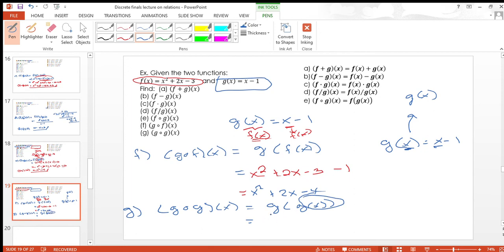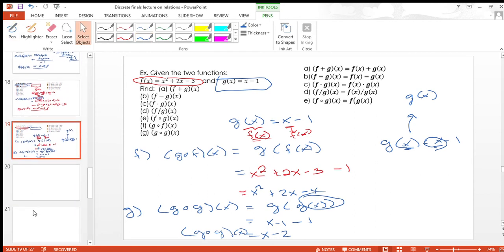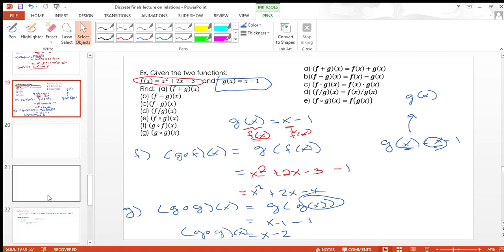So, we have replacing x by x minus 1. That will now be x minus 1. So yan, ito yung pinalitan natin. And then, may minus 1 pa. So that will now be x minus 2. And that will now be for g dot g of x. Okay.